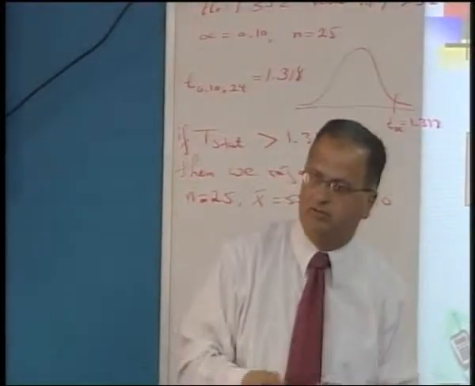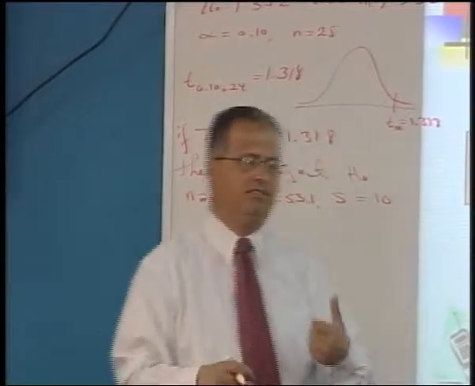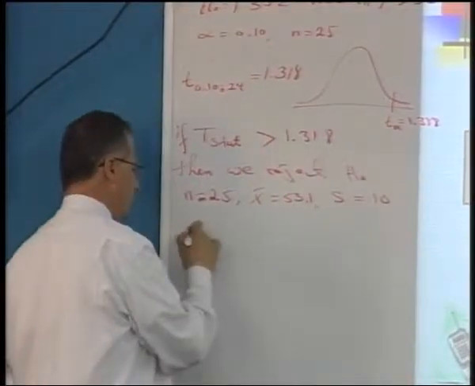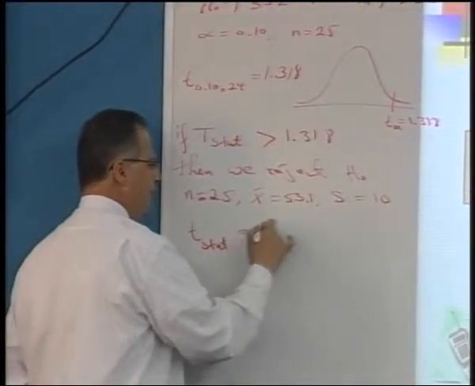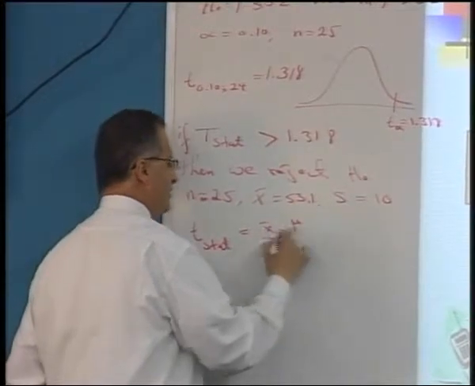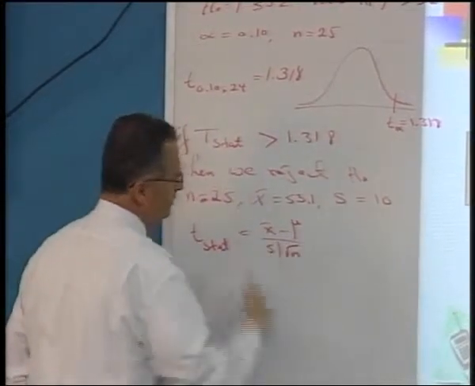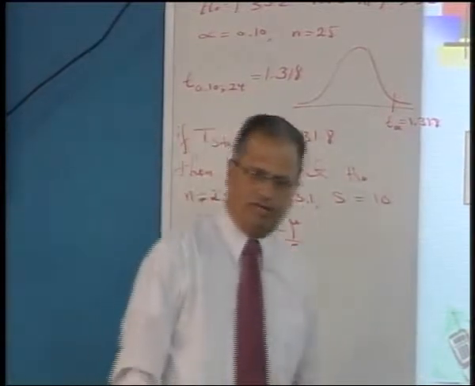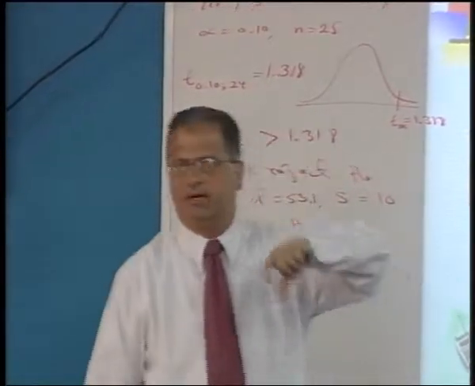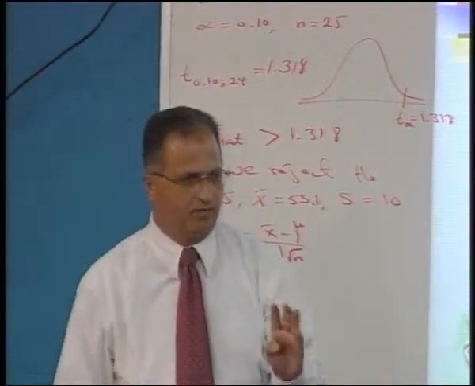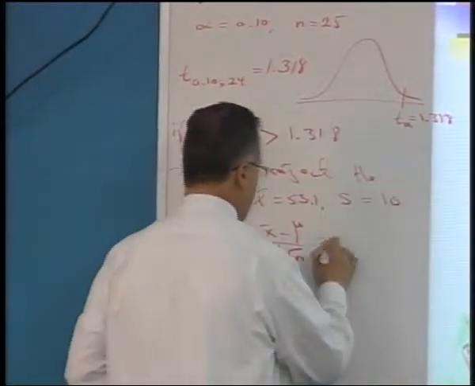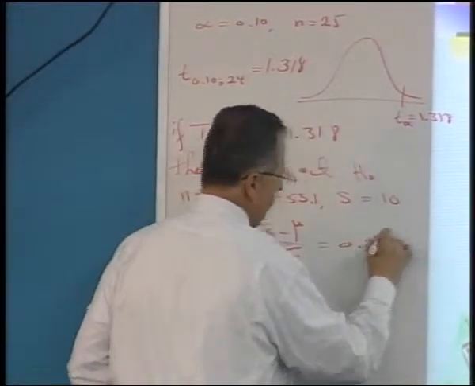By using this information, we can easily determine the value of the t statistic. The formula, as we discussed in chapter 8, is t stat equals x bar minus mu divided by s over root n. Here we replace sigma by s because sigma is unknown. Straightforward calculation gives 0.55.